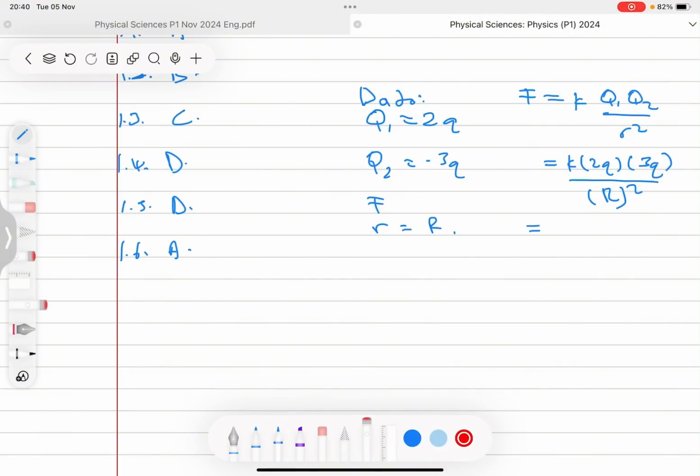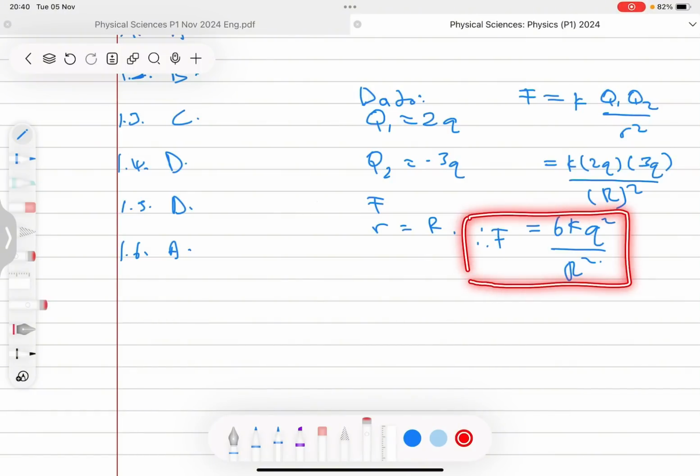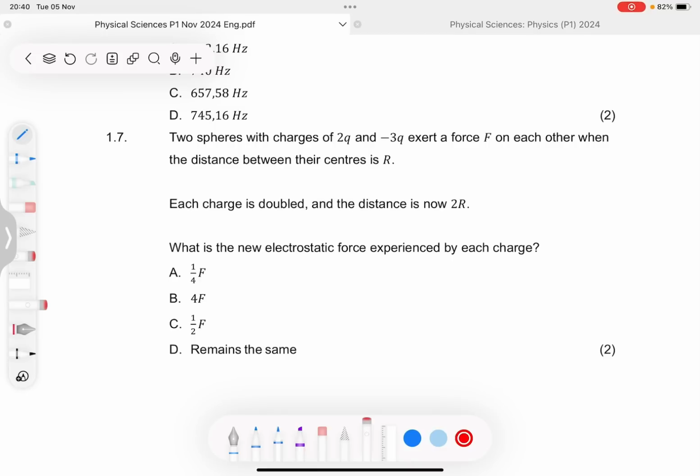Now when we simplify this, we can see that the 2 and the 3 will give me a 6. I'll have a 6, and then I'll have a k here, and this will be Q squared, because I'm going to keep the base and add the exponents, and at the bottom I have R squared. And we're saying this gives us the force F. So if we have this charge and that distance, our force is F. That's what we've been told.